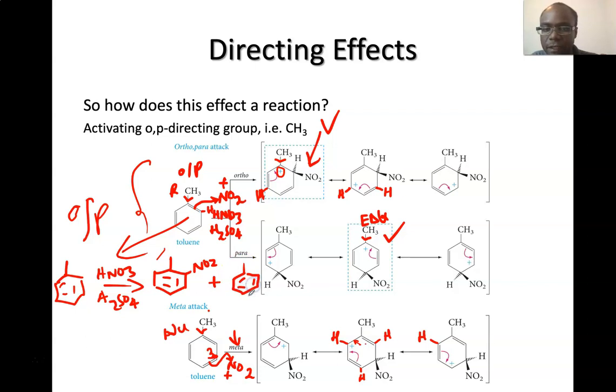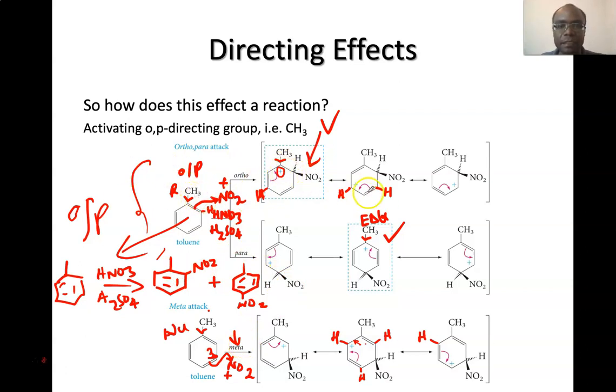Very little of the meta product will be observed. The nitro sitting on the third carbon will be very rarely formed. So again, I repeat, this slide is just explaining how ortho para directors are preferred over the meta whenever you have an electron donating group like a methyl group.